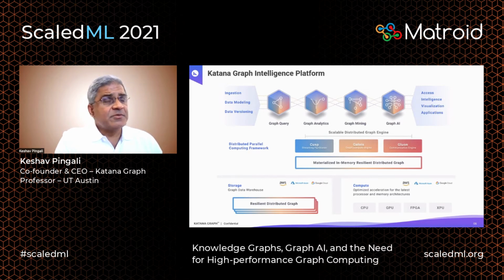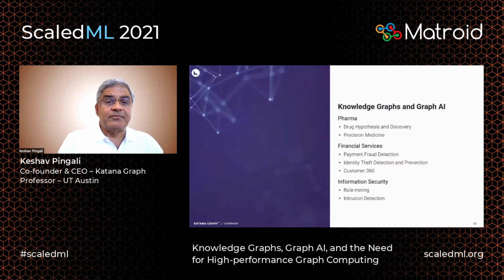For analytics, we have a big library of the usual pathfinding routines, centrality metrics, clustering, and so on. And then, of course, we are growing our graph AI library in collaboration with many of our customers. So this is the overall picture of what our platform looks like.